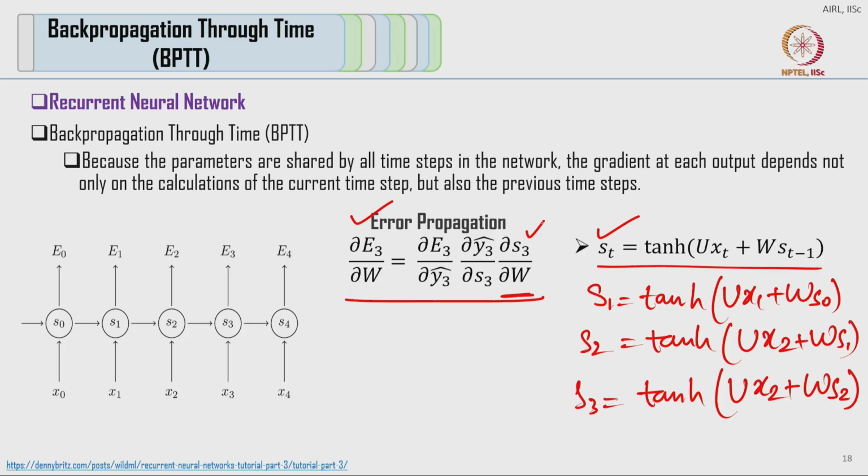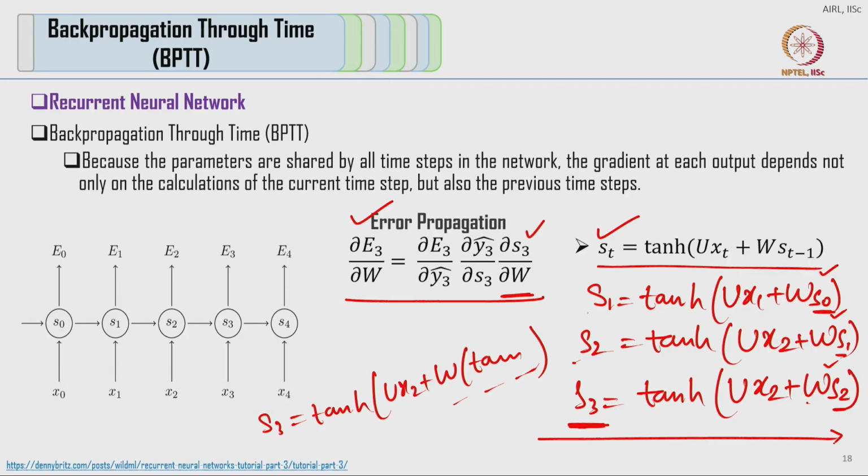Now when we observe the last term, which is ∂S3/∂W, when we are trying to take the derivative of the last term, we observe that S3 depends on S2, S2 again depends on S1, and S1 again depends on S0. This is a recurrent relation, because once we write S3, it could be written as a very complicated term and so on.